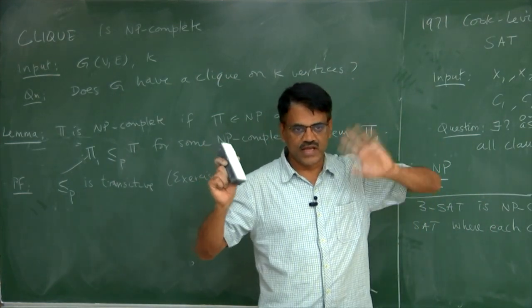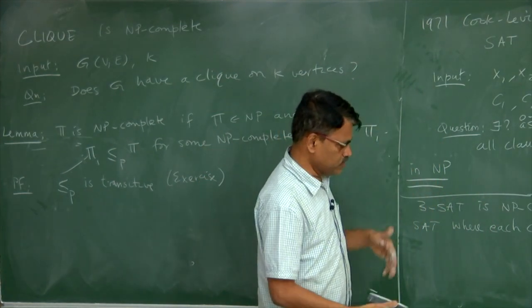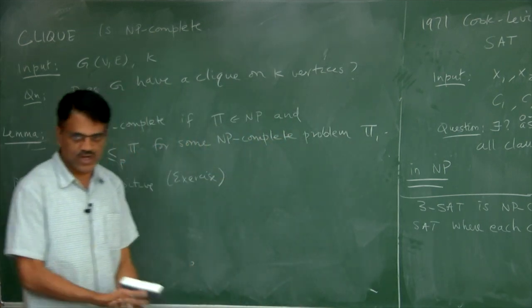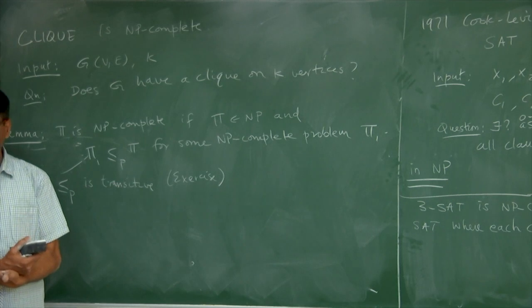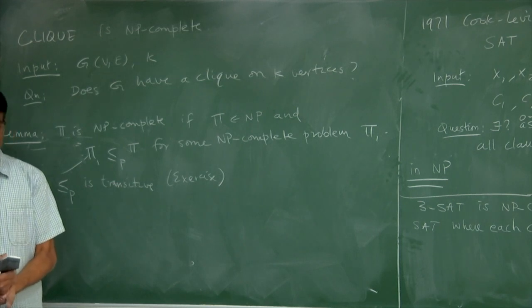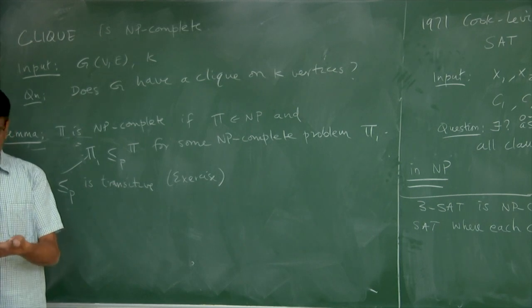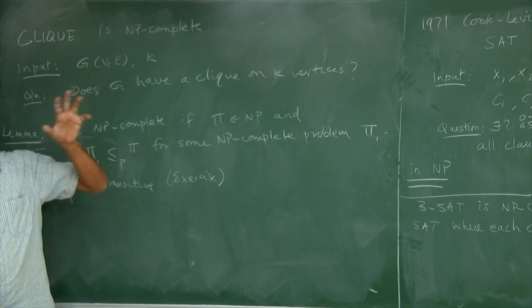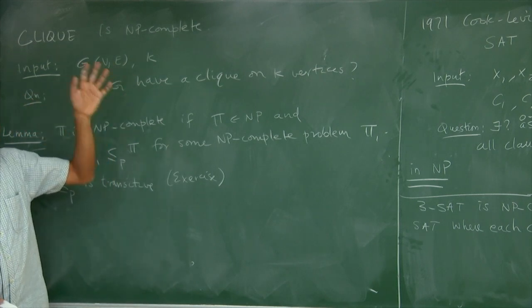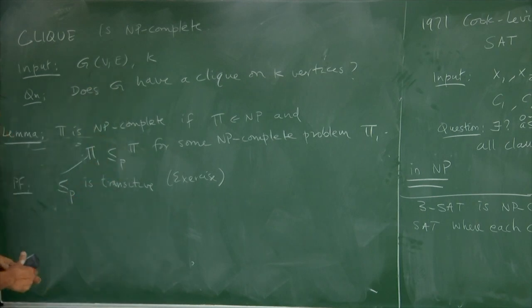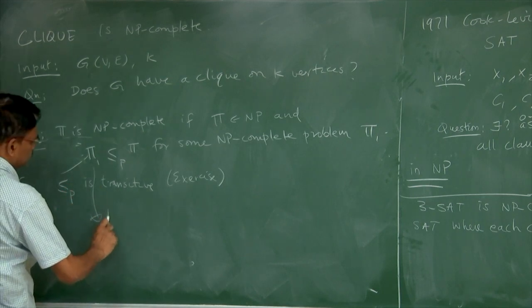That is the conjecture. If I want to show that this problem does not have a polynomial time algorithm, I have to show a sort of contrapositive: if it has a polynomial time algorithm, I can use it to solve some other known NP-complete problem in polynomial time, which I know does not exist. So it is important that you reduce from a known NP-complete problem. I would write this down, very important.